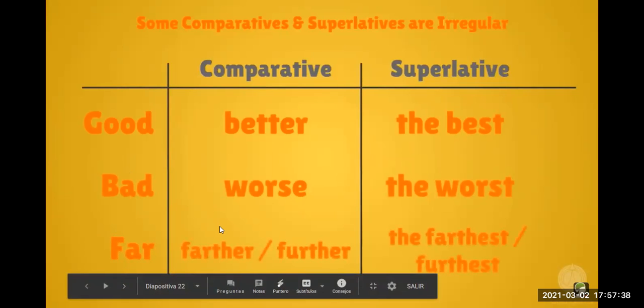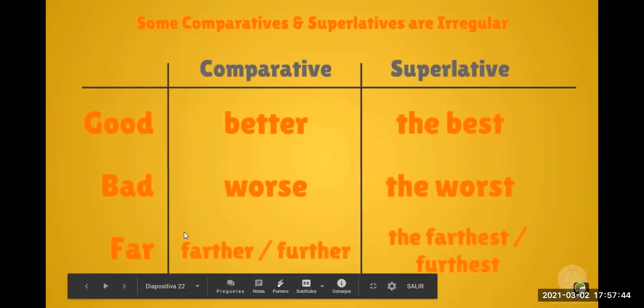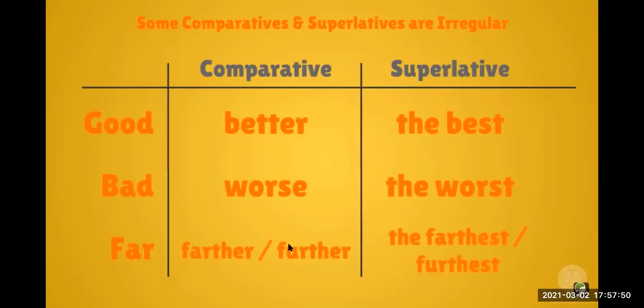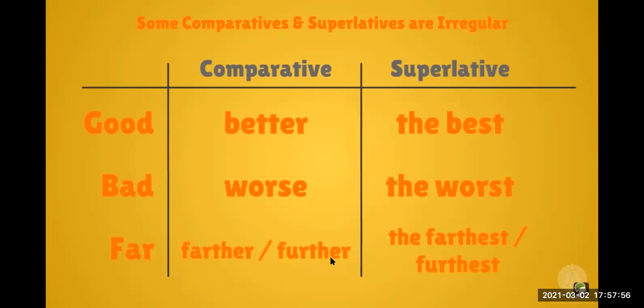We have far, farther or further, and the farthest or the furthest. One is used more in the US, and the other is used more in the UK. So these are some of the exceptions that we have for the comparatives and superlatives.